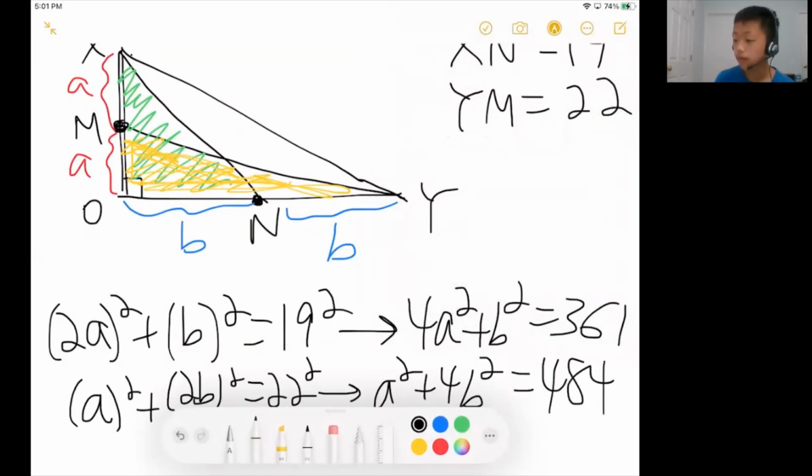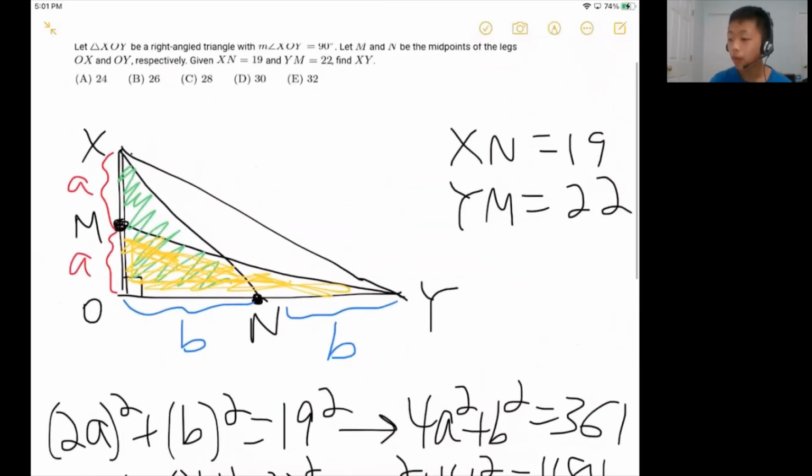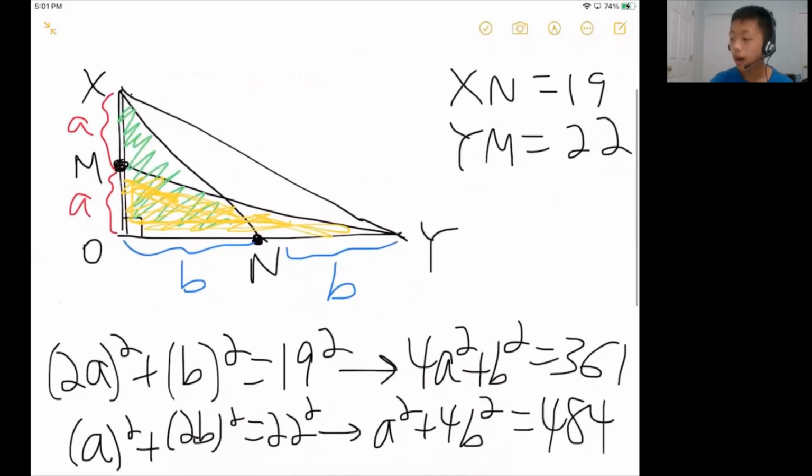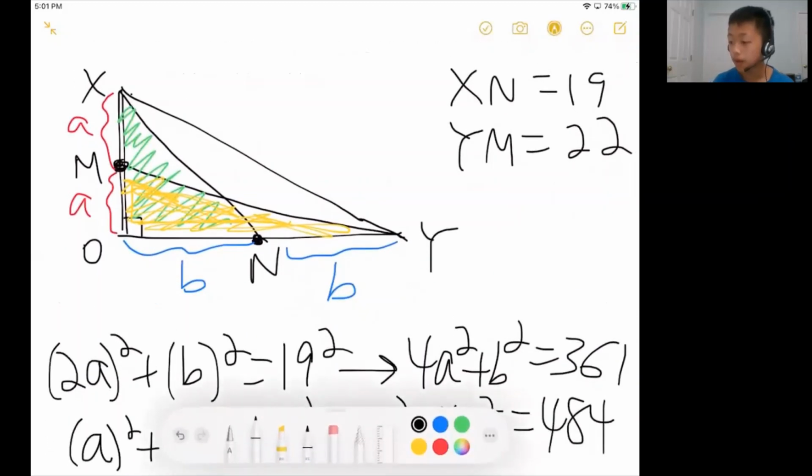So we could solve for A and B, but I guess a better, faster way to do this would be, we want to find what is XY. So now we just apply the Pythagorean theorem on the big triangle, on this entire triangle. So we have that XO squared plus YO squared has to equal XY squared.